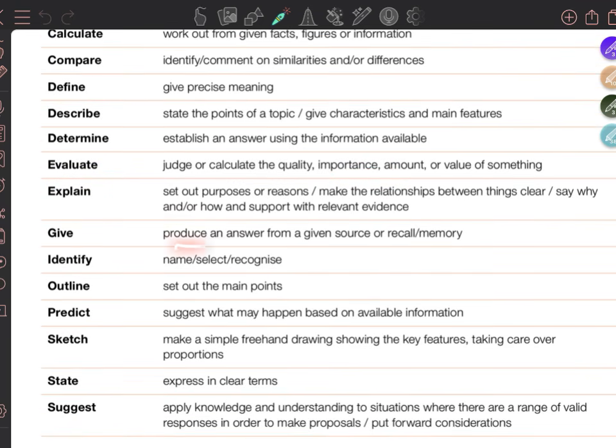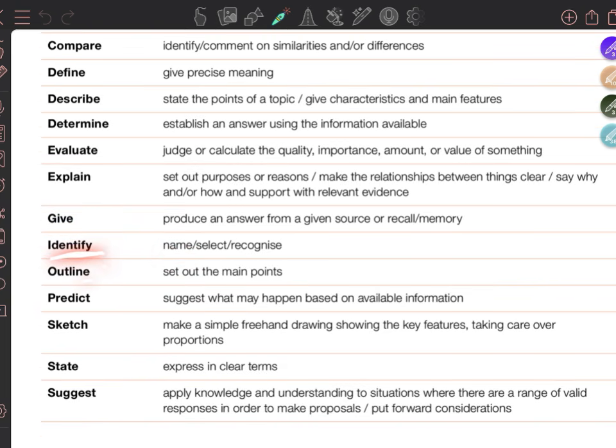Give, produce an answer from a given source or recall from memory. Sometimes you have to answer based on your memory, not from the question. Identify means name, they're asking for the name. Outline, set out the main points, they're looking for the key points. Predict what will happen based on the available information. That means if the information is given, what would happen if this continues or if you follow this.